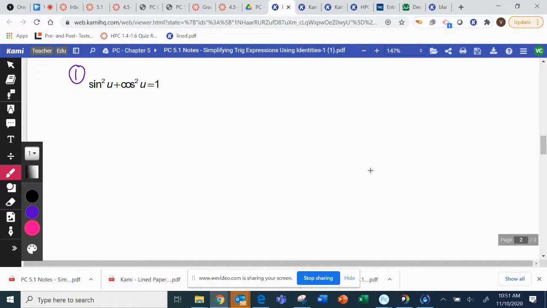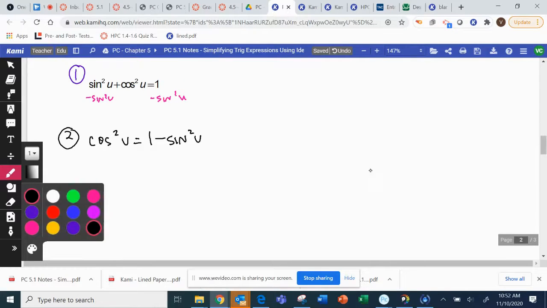So if I subtract sine squared from both sides, I get 1 minus sine squared is what cosine squared equals. This is another Pythagorean identity. It all comes from the first identity, but it looks a little different.